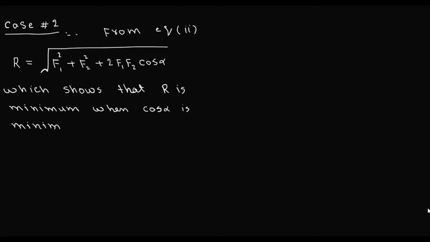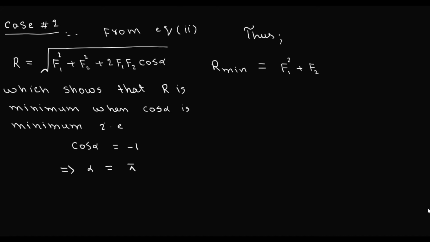The value of cos alpha should be equal to -1, and cos alpha equal to -1 means that alpha is of course pi, which we can also write as 180 degrees. So we put this value of alpha in the resultant, and the resultant will be minimum at alpha equal to pi.